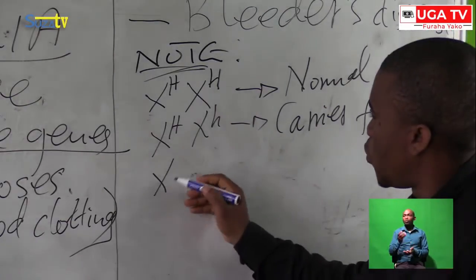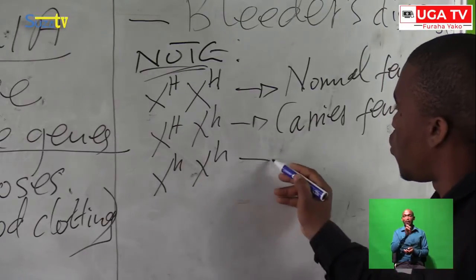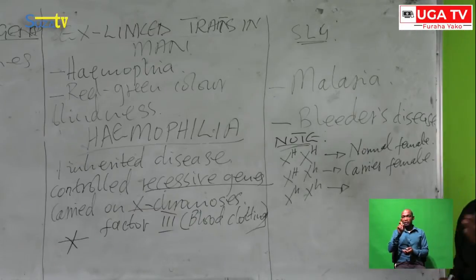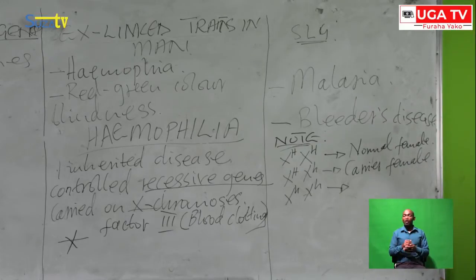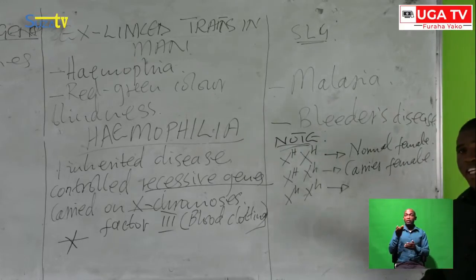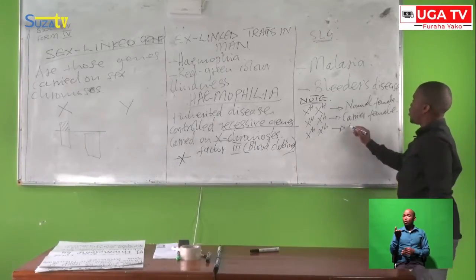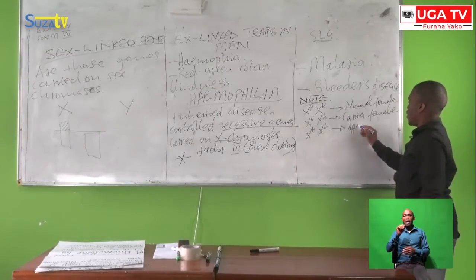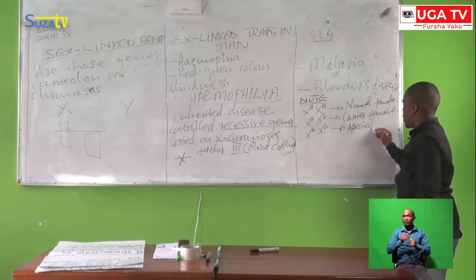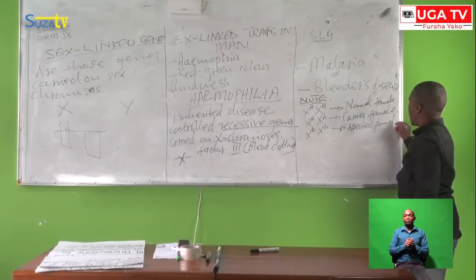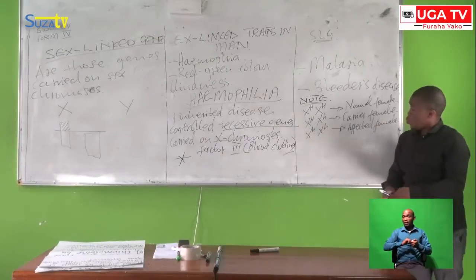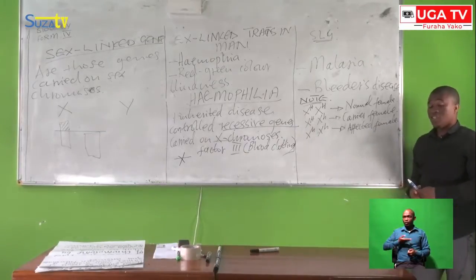What about this one? Ali, can you try please? Okay, good. Clap one for Ali. Thank you a lot. This one will be affected, as Ali said, an affected female. What do we observe in this area?